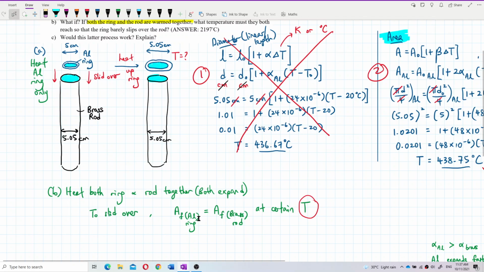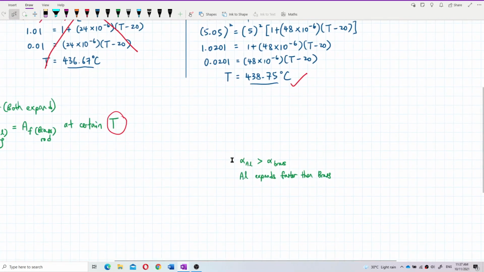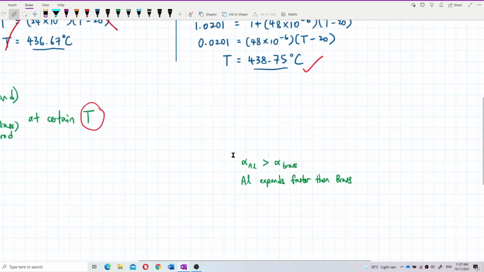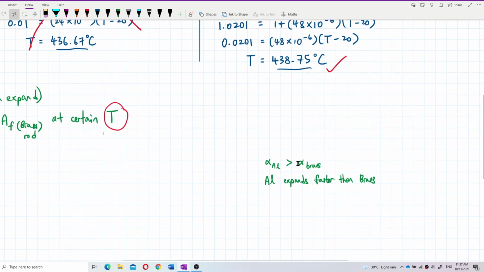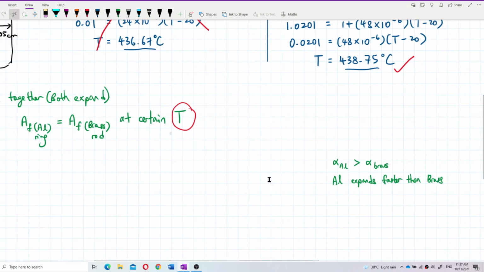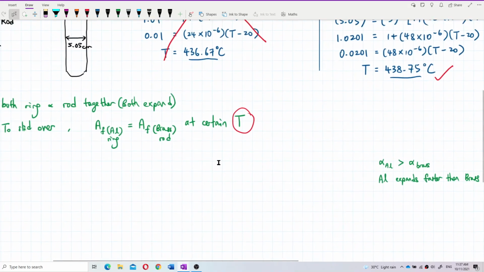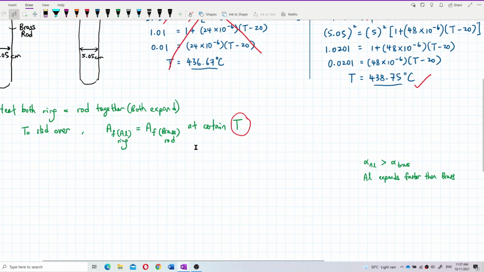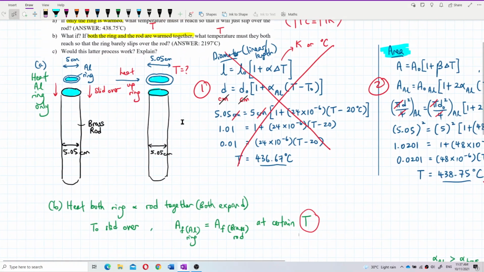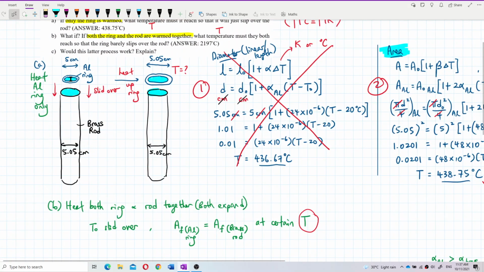And we know that the alpha value of aluminum is bigger than alpha of brass, so aluminum expands faster than brass. So it is possible that the ring expands faster than the rod, so they will achieve the same area at a certain temperature, even though initially the ring is smaller in area compared to the rod.